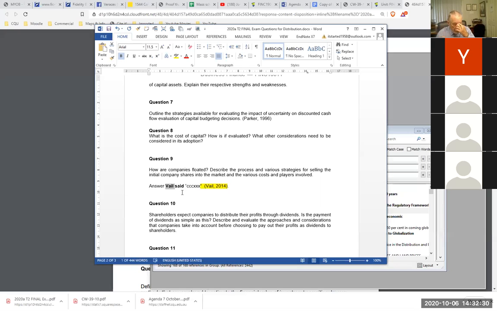Now, to give you an idea of what I'm looking for in terms of how well you're answering the question, for a pass, I would expect that you have a general understanding of the general answer to the question without significant errors. You might have minor errors, but not significant ones. So a general broad-brush idea will get you a pass.